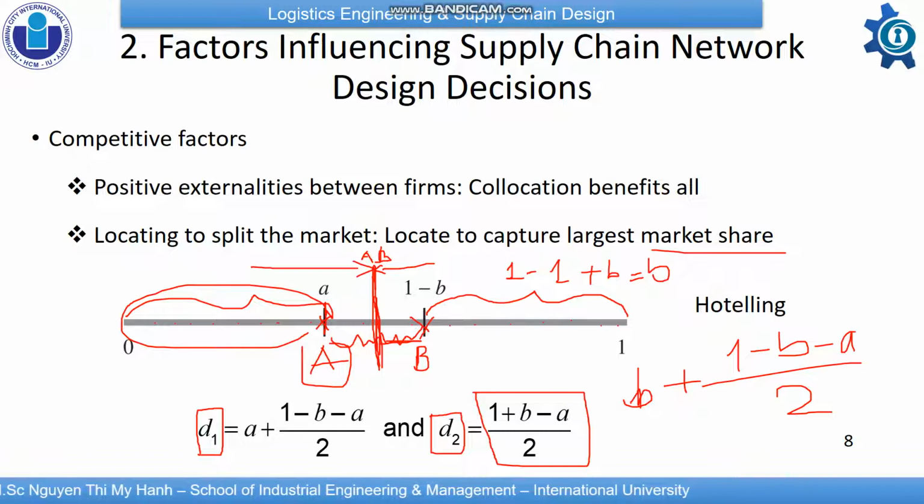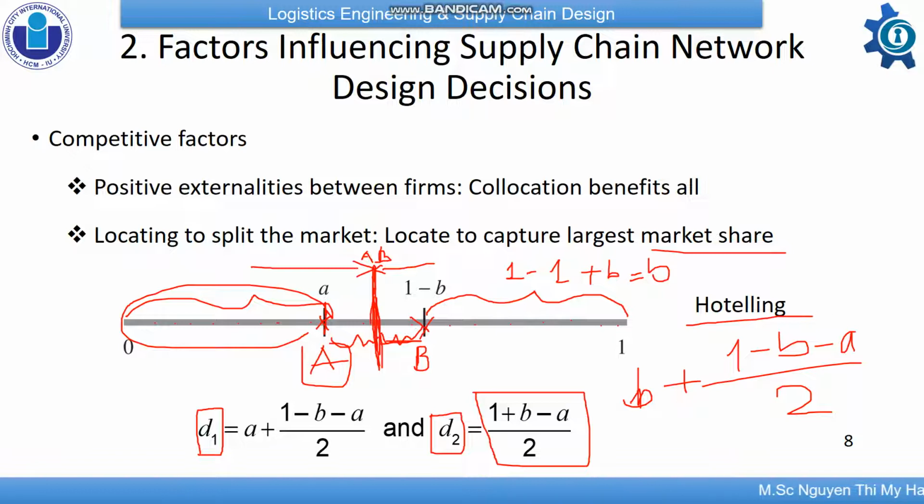However, this wholesaling model is only considered when the price is the same and the competition is fair. If the price is different between A and B, the customers in the middle will not share half.